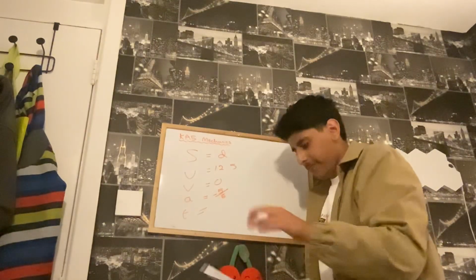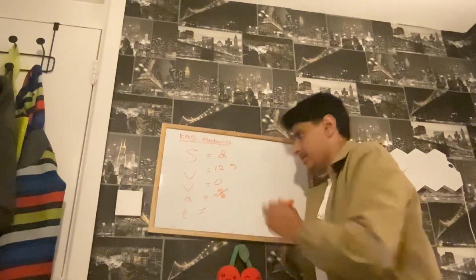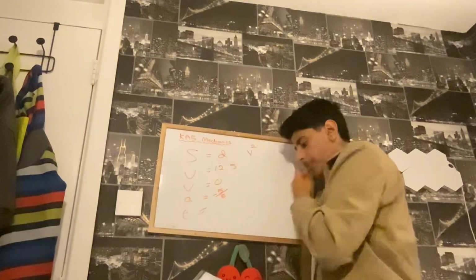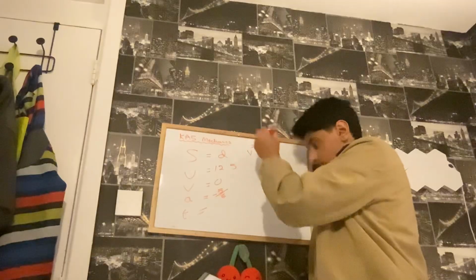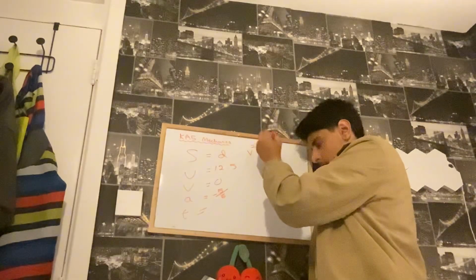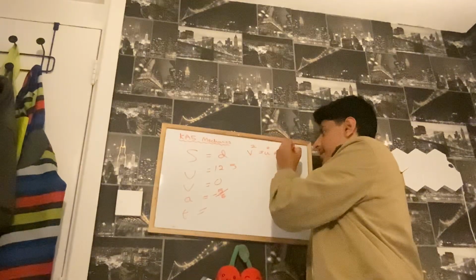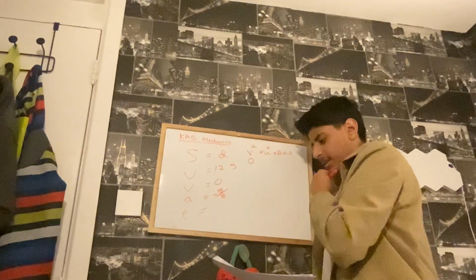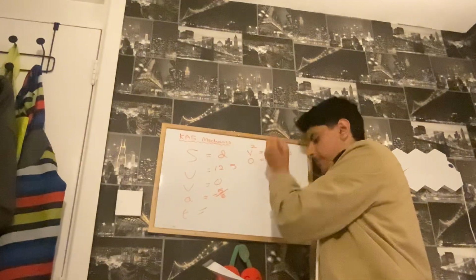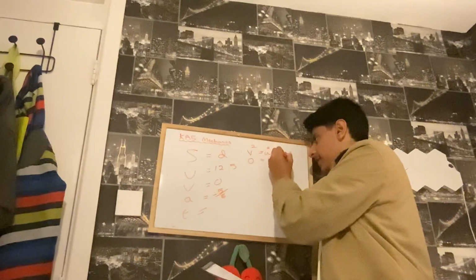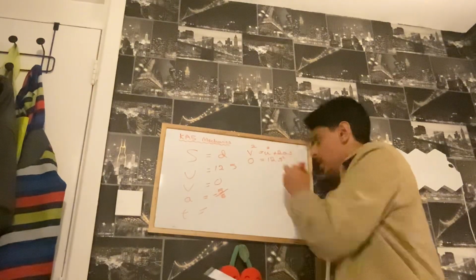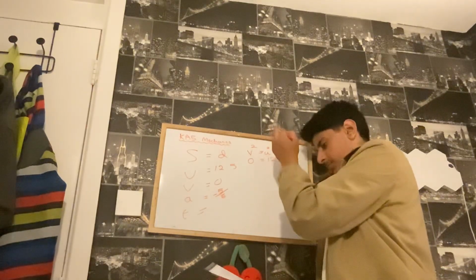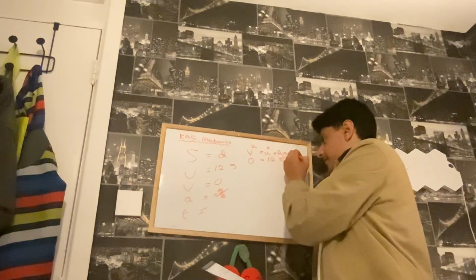Now there's an equation for this. If you look at the formula book, you would get v squared equals u squared plus 2as. Now you apply everything. V being 0: 0 equals 12.5 squared plus 2 times minus 5 over 6, times s.